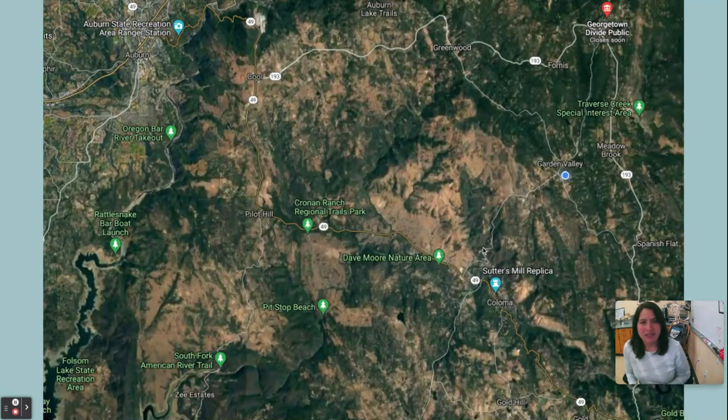Okay. So this I just took off of Google Maps, and it's a satellite view of our local area here. And if you look, there's Cronin, there's Greenwood, right? And here, I did this at school, here we are right here at Golden Sierra. So you can see the Middle Fork American River here.